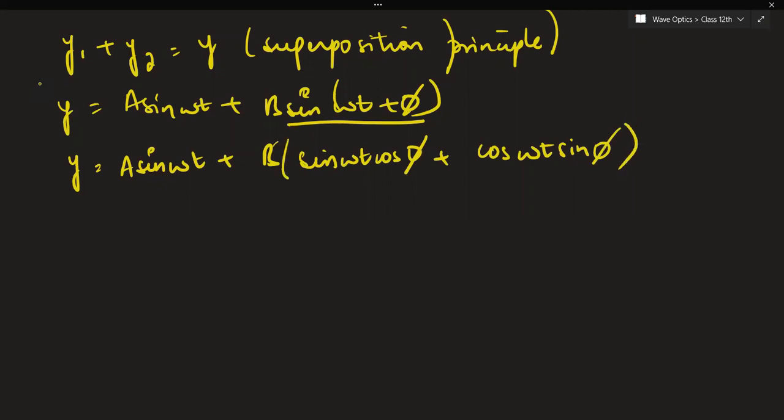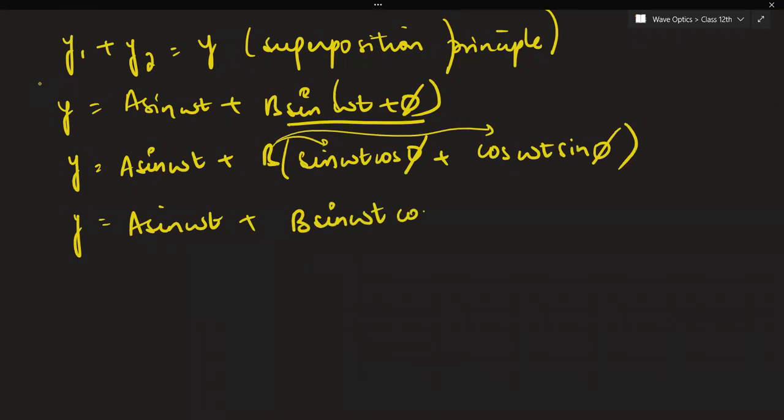This is the identity. Multiply b into both the brackets. This becomes a sine omega t plus b sine omega t cos phi plus b cos omega t sine phi.